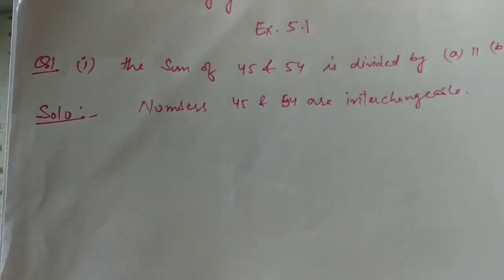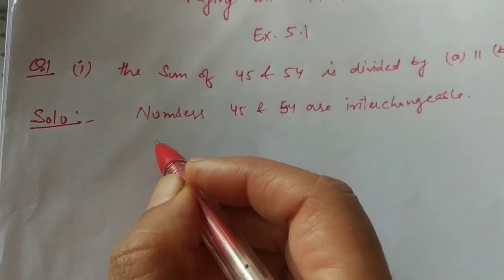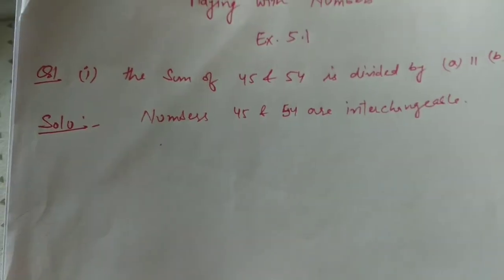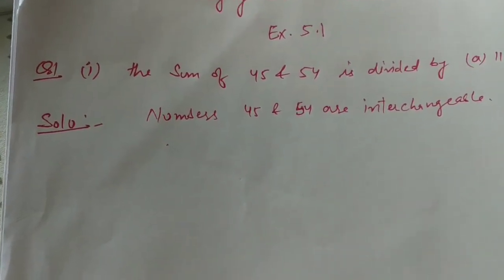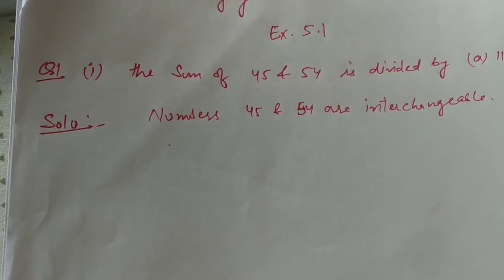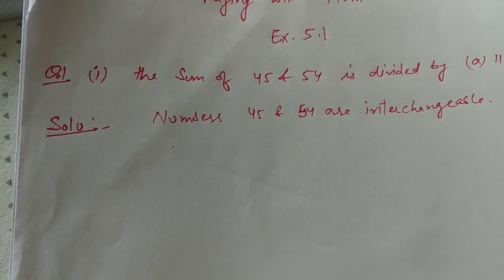If the numbers are interchangeable, one condition applies: if we divide their sum by 11, the quotient will be the sum of the digits. Sum of the digits means 4 plus 5, that is 9.